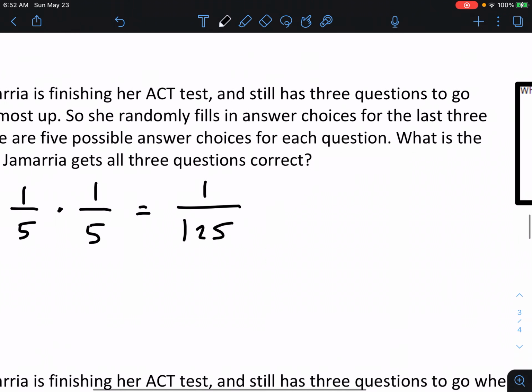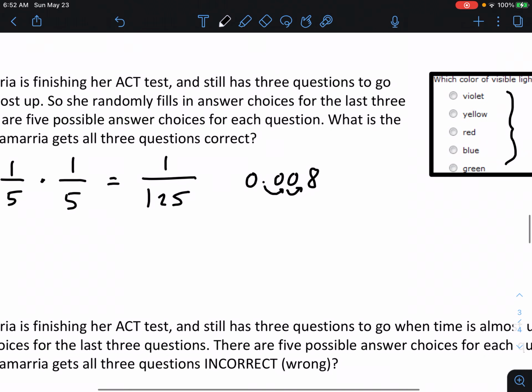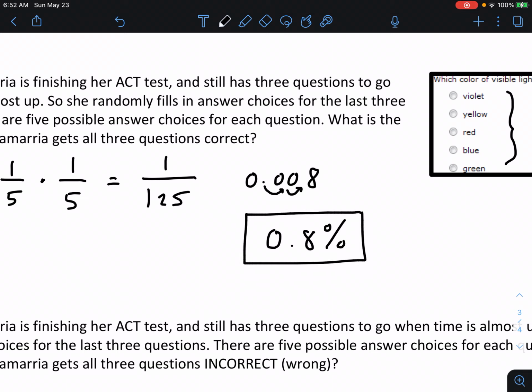So it's 0.008. And just like every time we want to get a percent, we move that decimal 2 places to the right. So we end up with 0.8%. All right, so a very low probability that she is going to get all 3 questions correct.